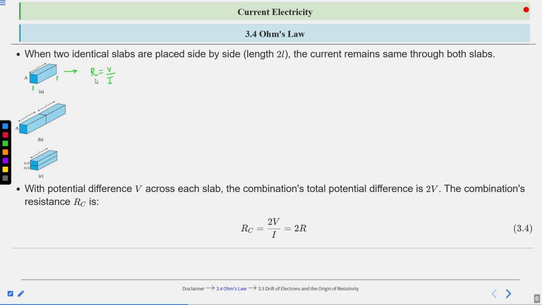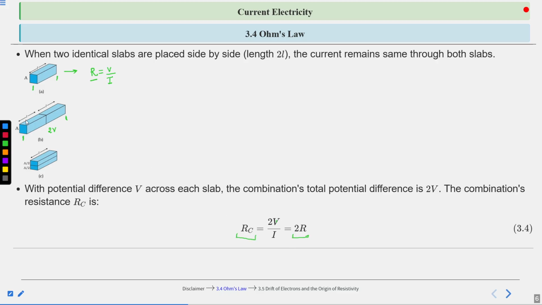So this is R for one slab. Now the resistance for this combination RC will be equal to the potential difference across both its ends, 2V, upon I. The current flowing is I. So V by I will become R, and this is 2. Now the resistance of the combination is doubled.